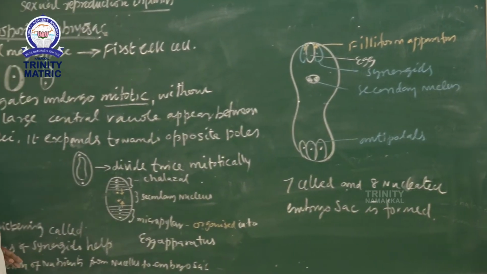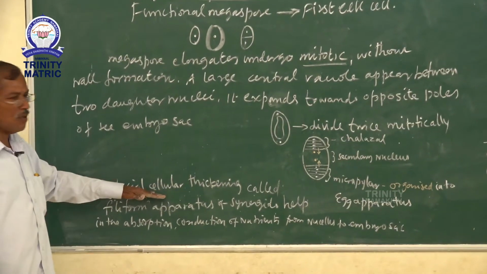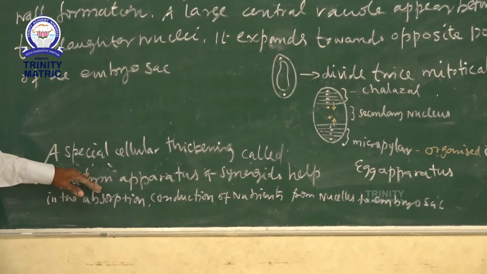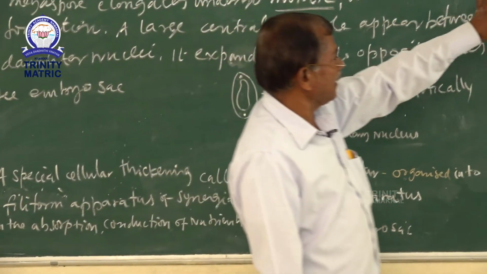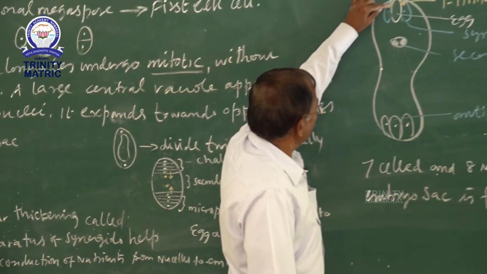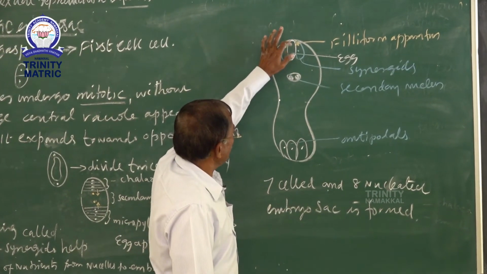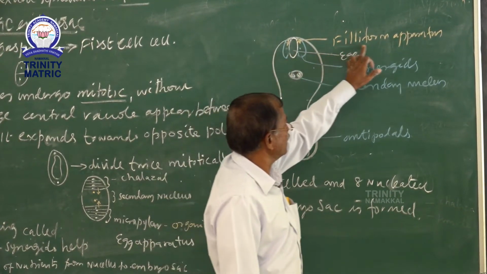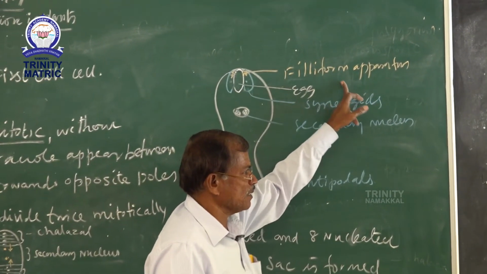A special cellular thickening at the micropylar end is called the filiform apparatus. What is the name?